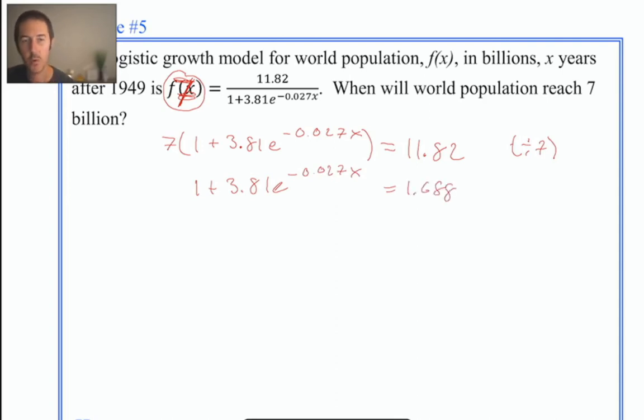Now I'm only writing the 1.688 on my paper, but I'm leaving the exact value on my calculator. And then I'm going to subtract 1 from both sides as I continue isolating the exponential expression. So I've got the 3.81 times e to the power.